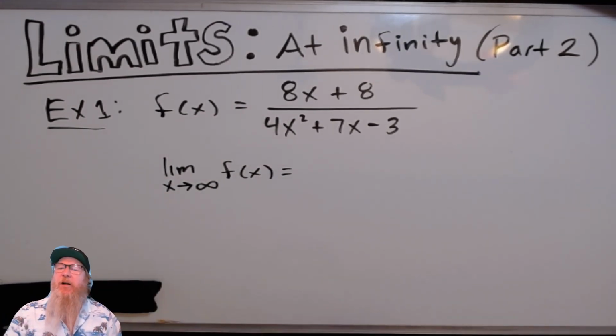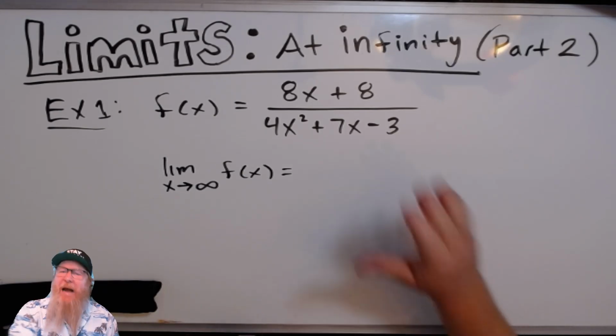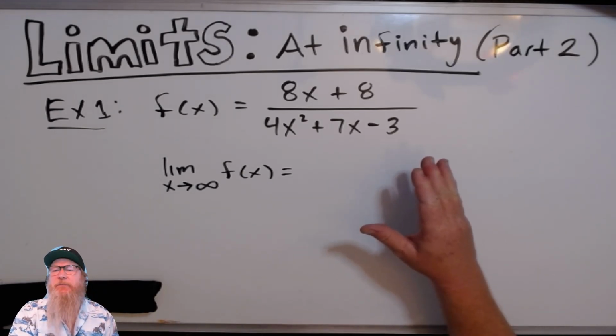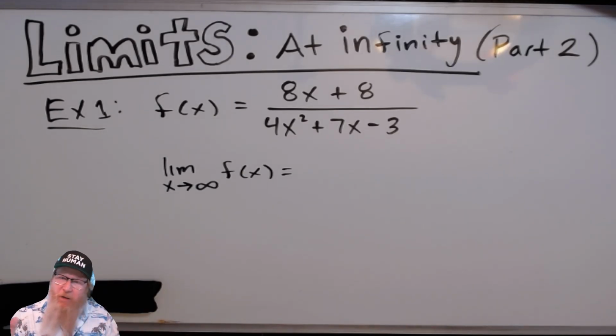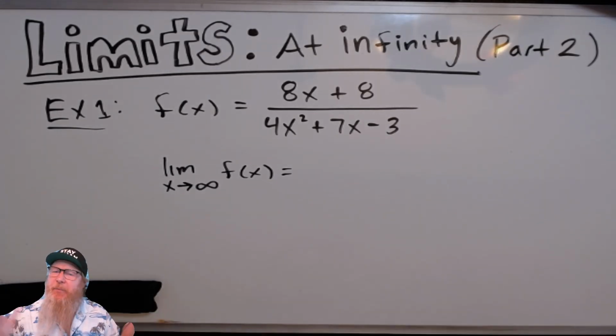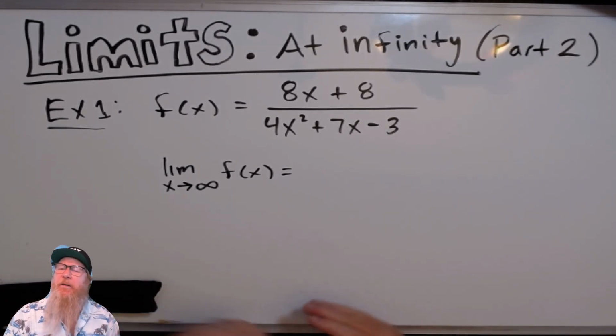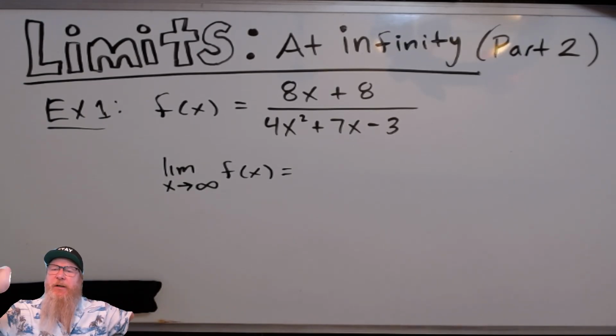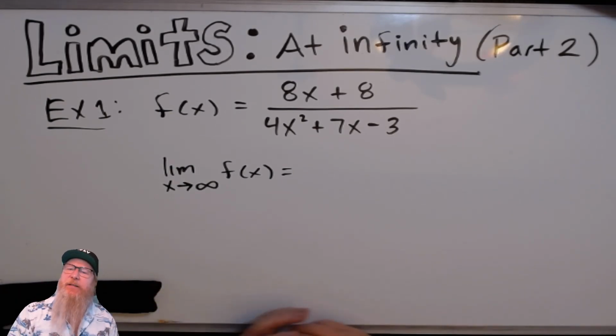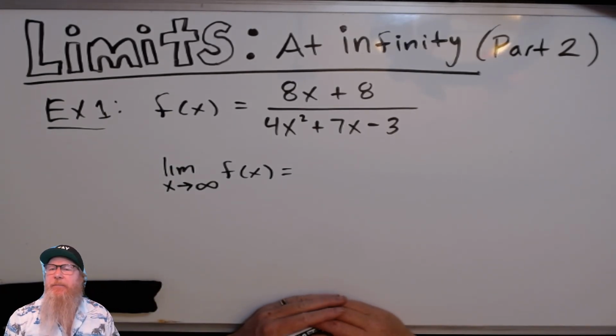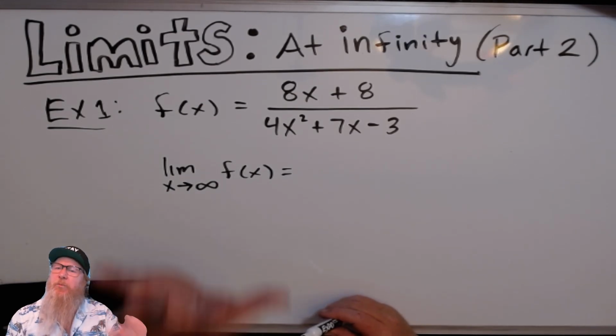Now, the first thing I'll mention with a rational function is this is not true for all functions. For example, in the first part of this video, we saw polynomials where one limit could go up to positive infinity and one limit could go down to negative infinity. And that's not true with rational functions.